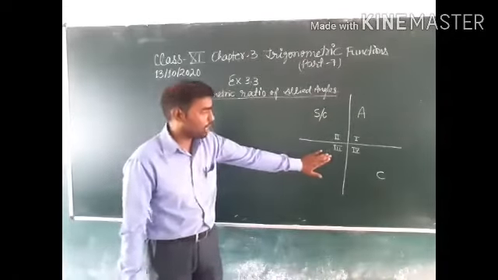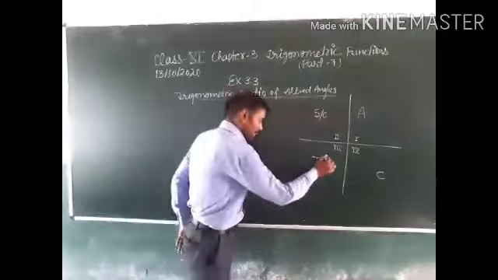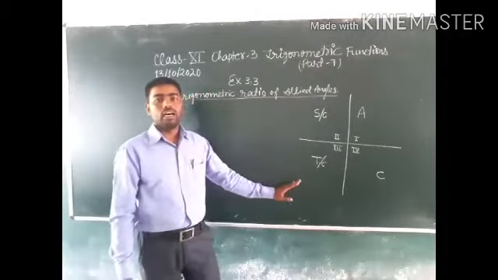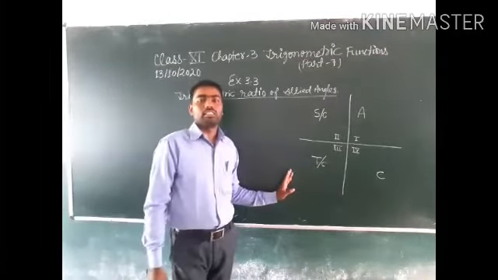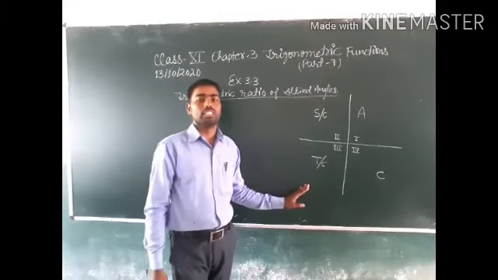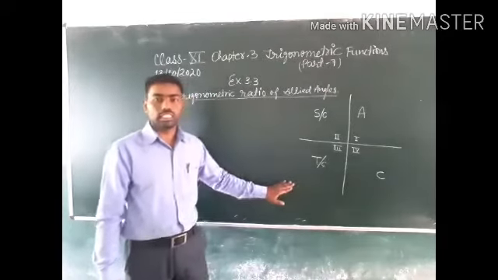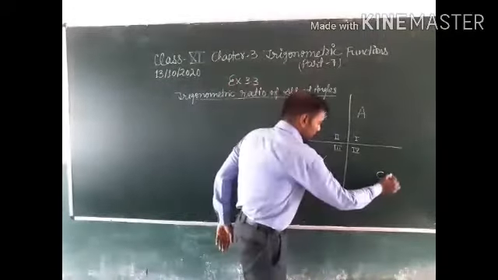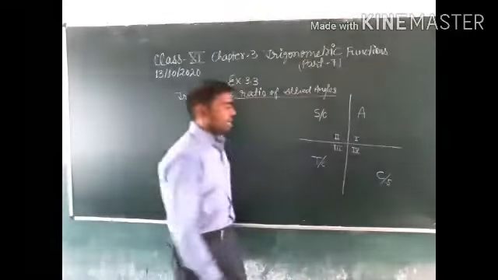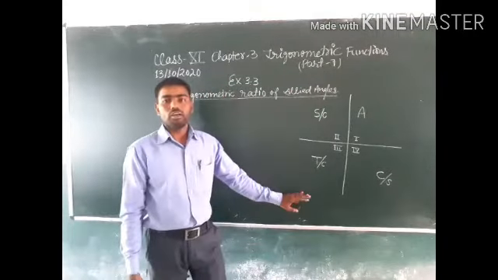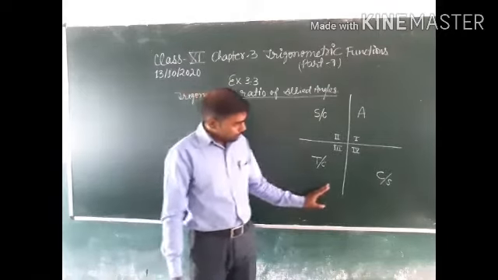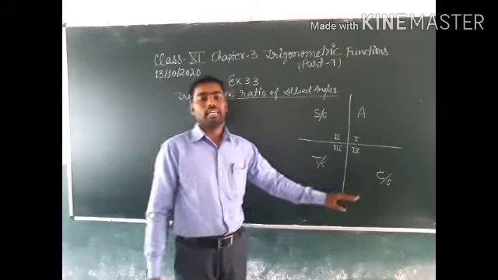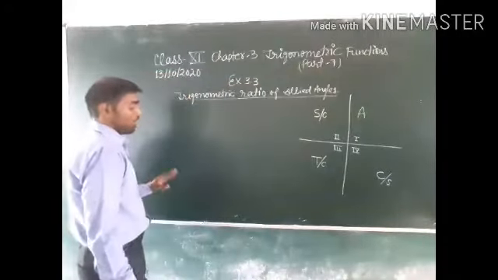In the third quadrant, tan theta and its reciprocal cot theta are positive, and sin theta, cos theta, sec theta, and cosec theta are negative. In the fourth quadrant, cos theta and sec theta are positive, and the other ratios are negative.